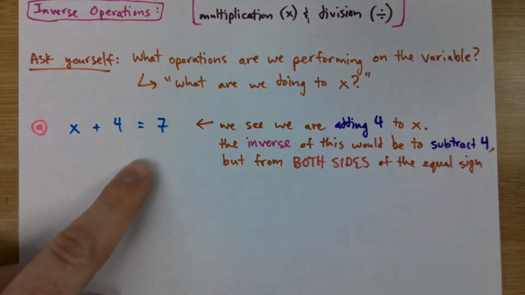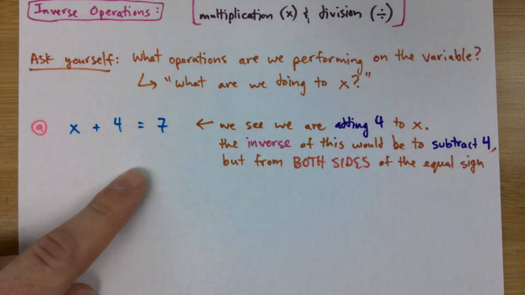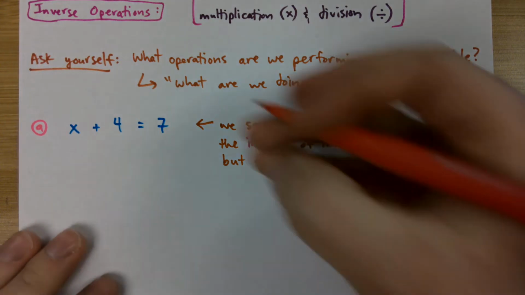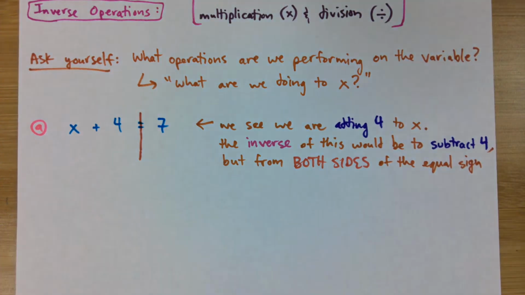But we're going to take this equal sign here, right? And the equal sign is the pivotal point of our equation. That's where we have the left side of our equation and the right. Basically, the equal sign divides our equation in 2 parts. So what we're going to do is draw a line through it and divide our equation into its 2 separate parts, the left side and the right side.